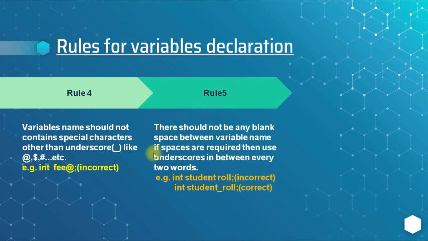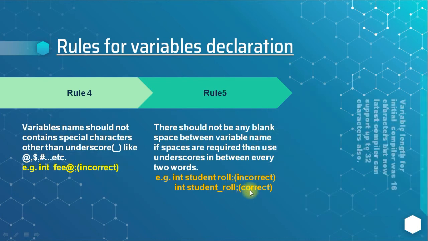Next rule: there should not be any blank space in a variable name. If spaces are required, then use an underscore between every two words. For example, int student roll. This is incorrect syntax because we have given a space between student and roll. So what is the correct one? int student underscore roll. This is correct syntax.